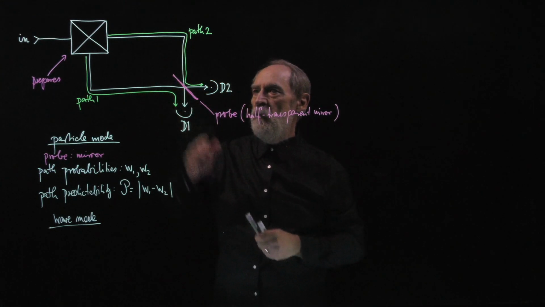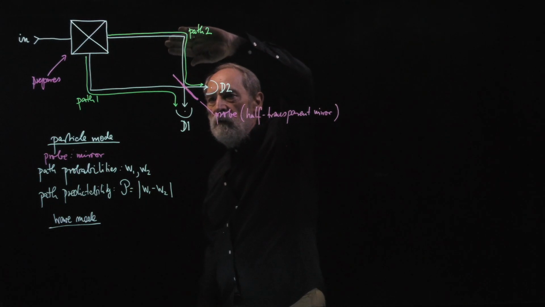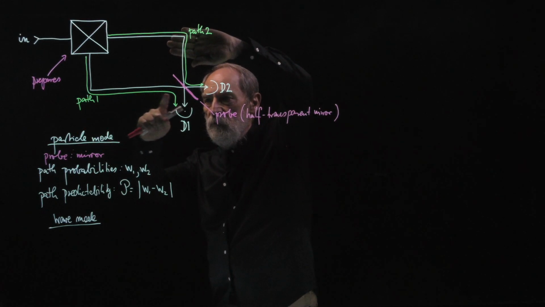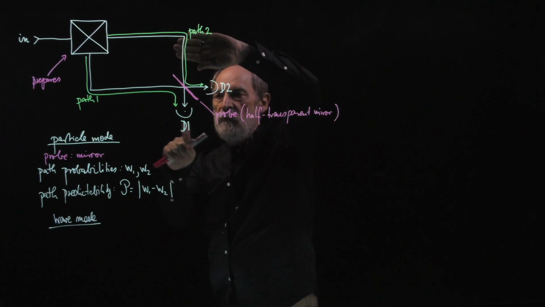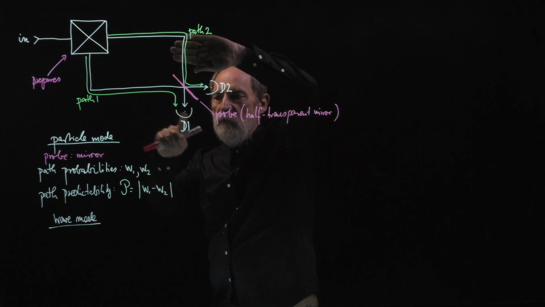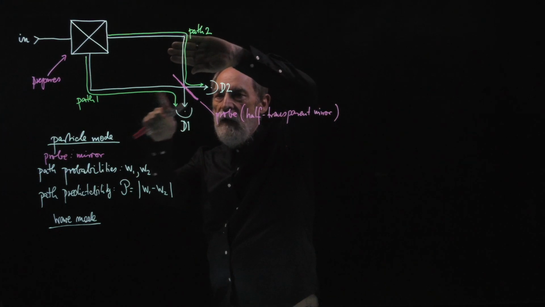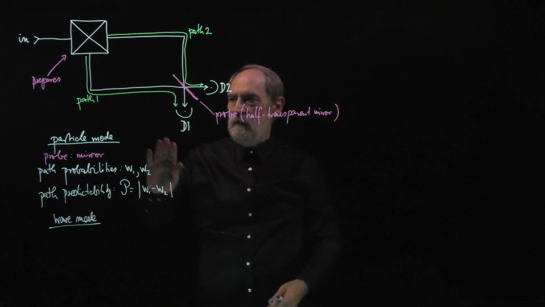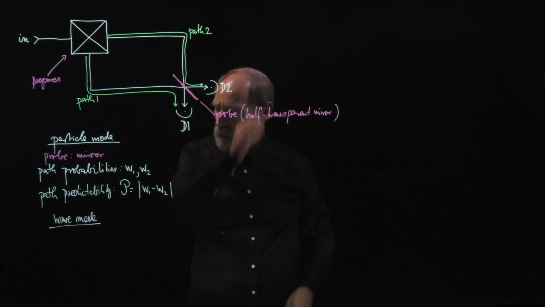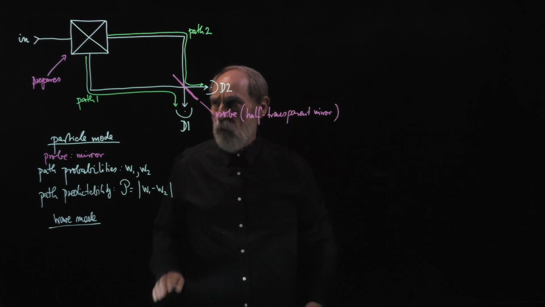Similarly, if I block path 2, then all particles are known to arrive along path 1, and again, because of the half-transparent mirror, half of those particles will end up in detector 1, half will end up in detector 2. So this tells me that I'm working in wave mode.